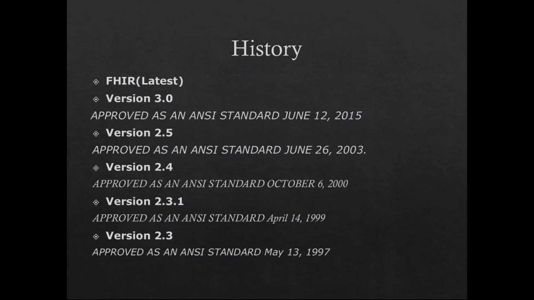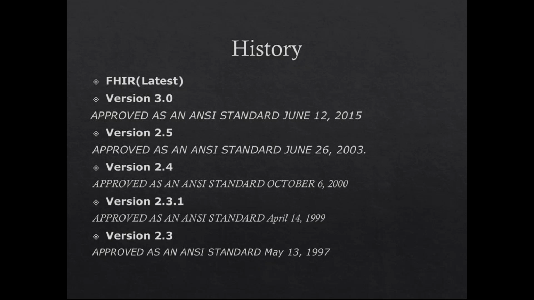So history of HL7: FHIR is the latest version of HL7. I wouldn't say it is a version of HL7, but FHIR stands for Fast Health Interoperability Resources, which is used mainly for integrations in the form of REST services.